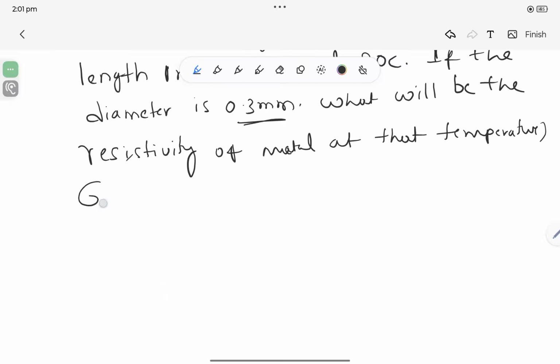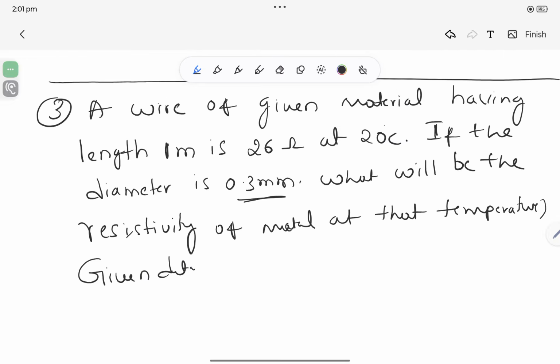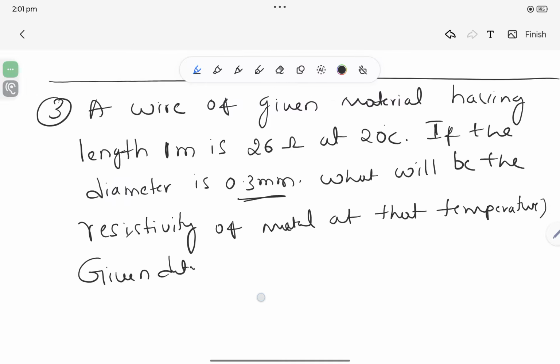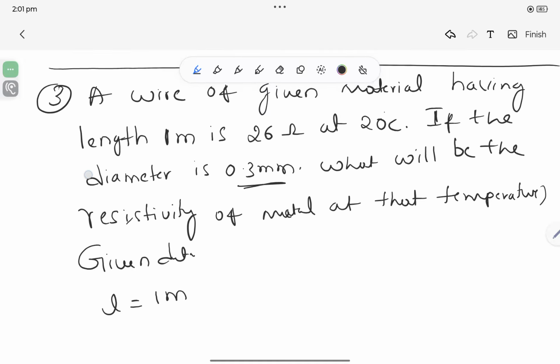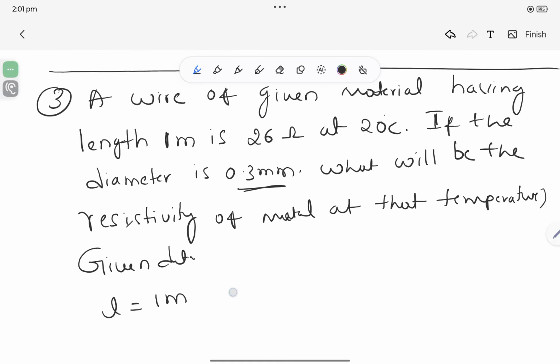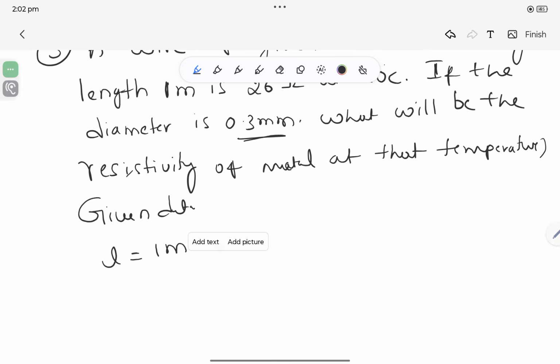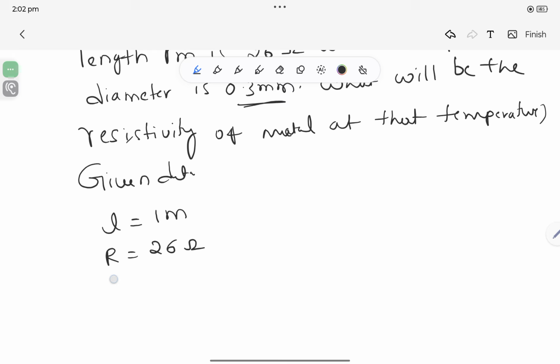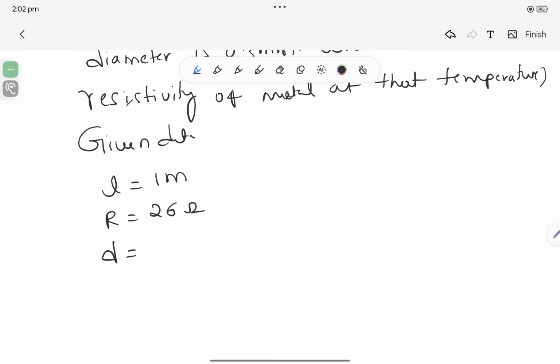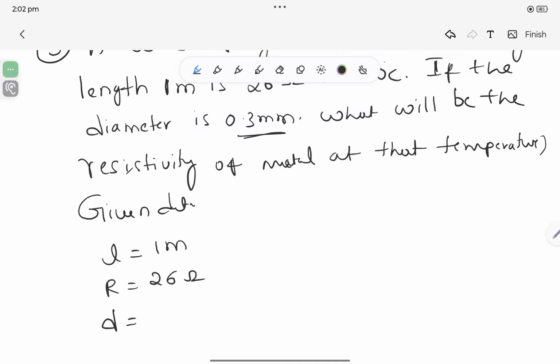So what is the given data here? Temperature, resistance, length given. Length is equal to 1 meter, resistance is equal to 26 ohm, and diameter is equal to 0.3 mm.